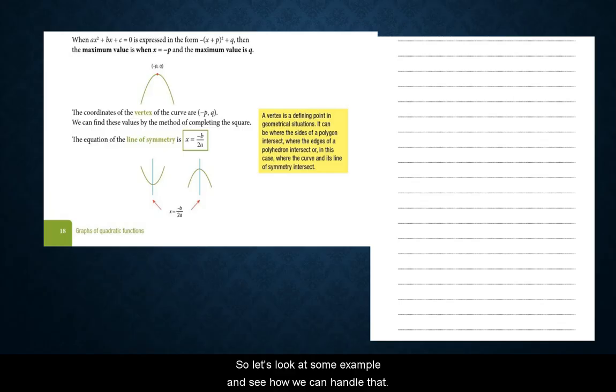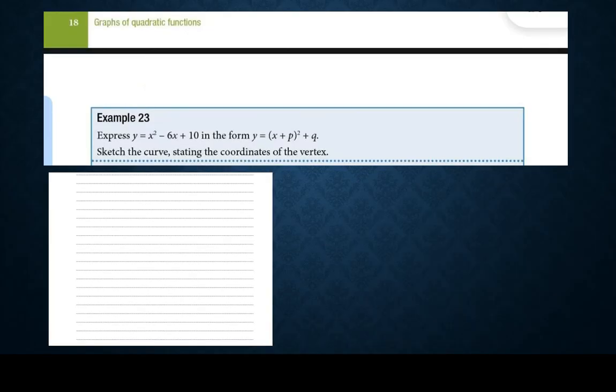So let's look at some examples and see how we can handle that. Express y equals x squared minus 6x plus 10 in the form y equals (x plus p) squared plus q. This is simply asking you to complete the square.